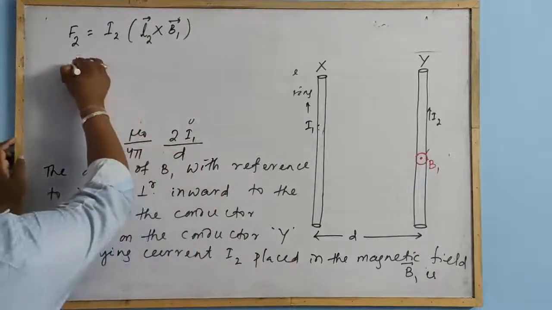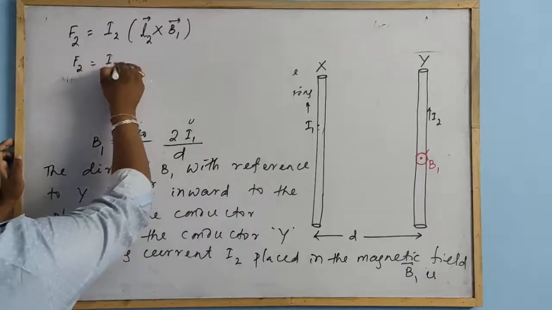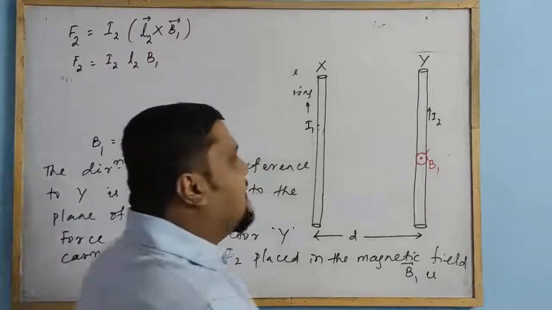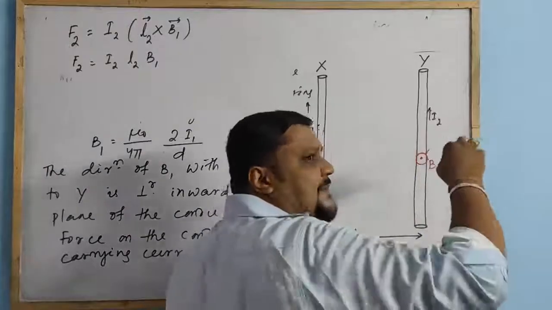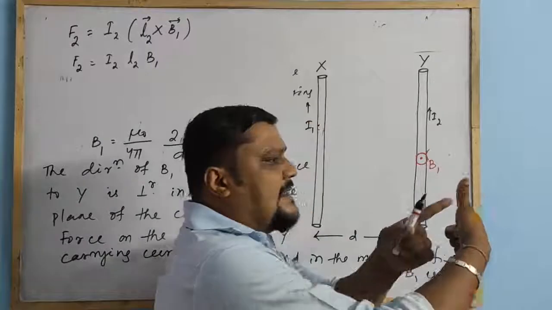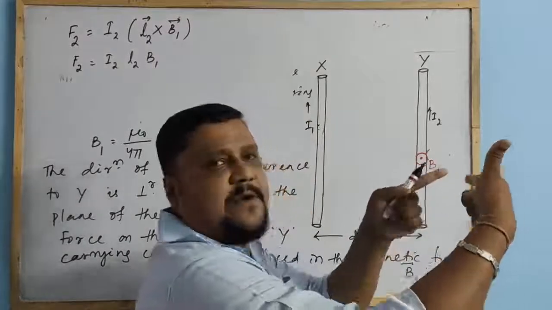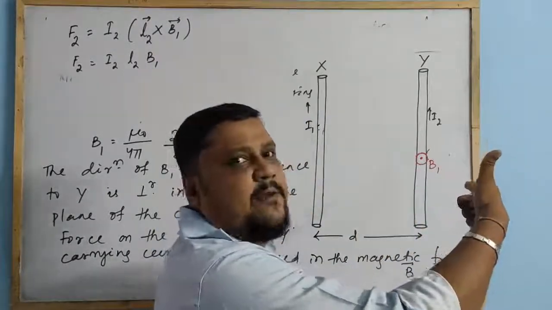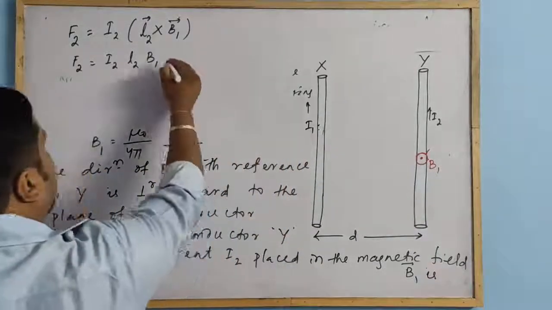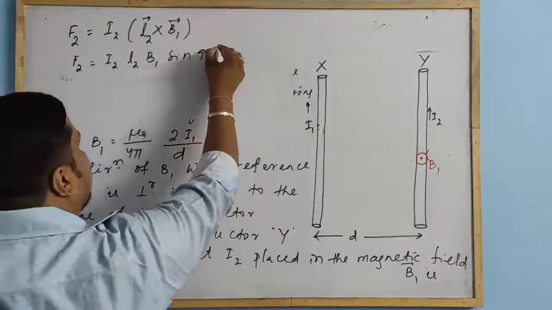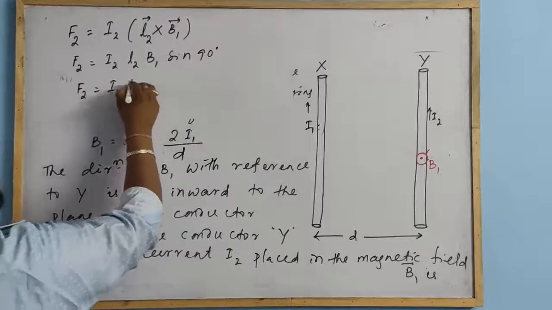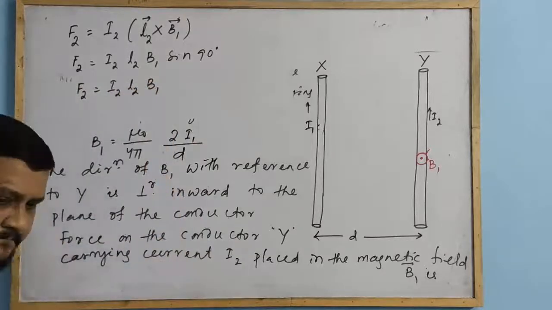Or F2 is equal to I2 L2 B1. What is the angle between L2 and B1? The length is in this plane. The magnetic field is perpendicular inward. So theta is 90. So L2 B1 sin 90. So F2 is equal to I2 L2 B1.